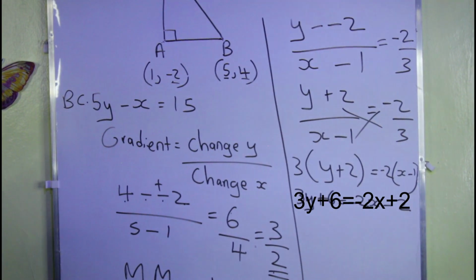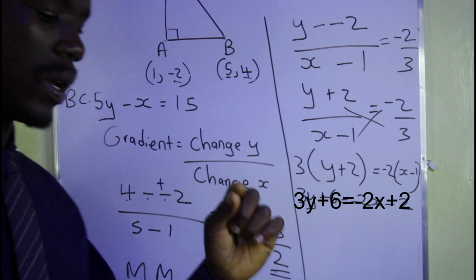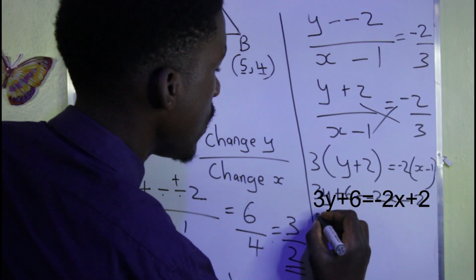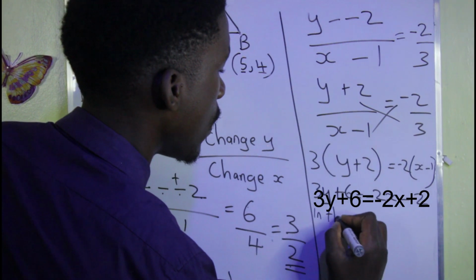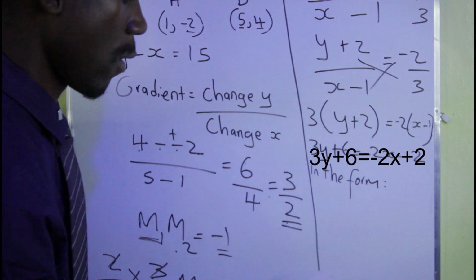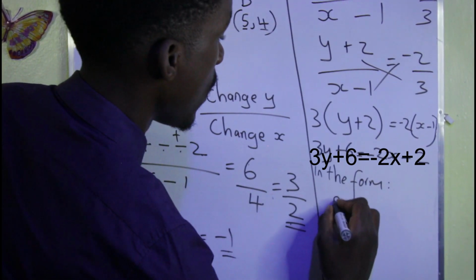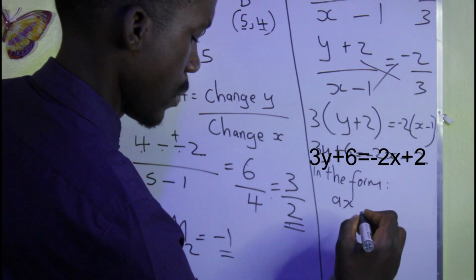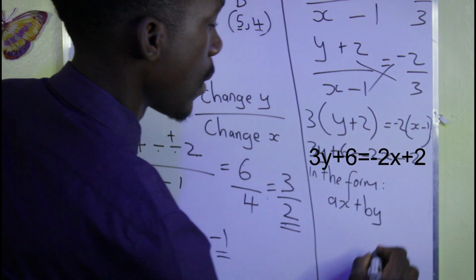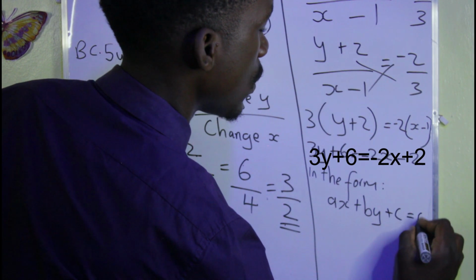The question was that we should leave the equation in the form ax plus by plus c equals 0.